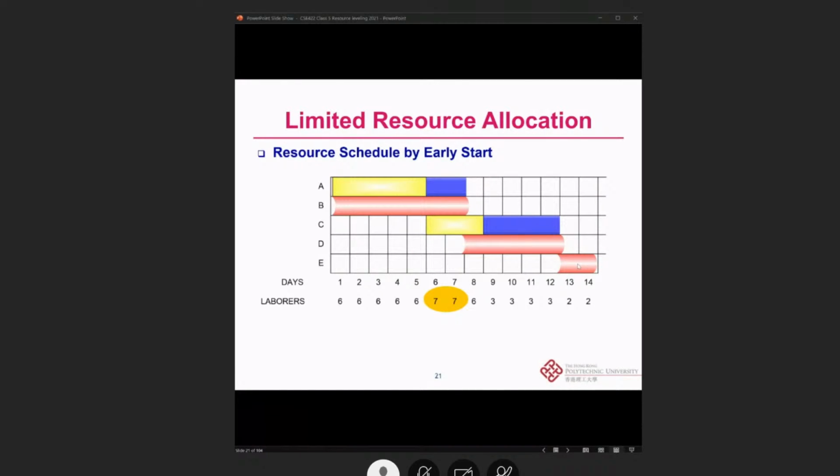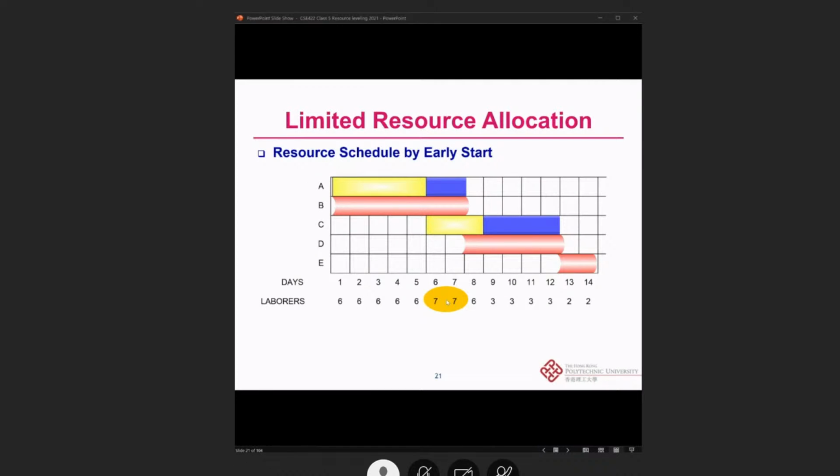We also identify that the problem happens on day 6 and day 7, where we need 7 labors. So how should we do that if we only have 6 labors instead of 7? How can we do it?